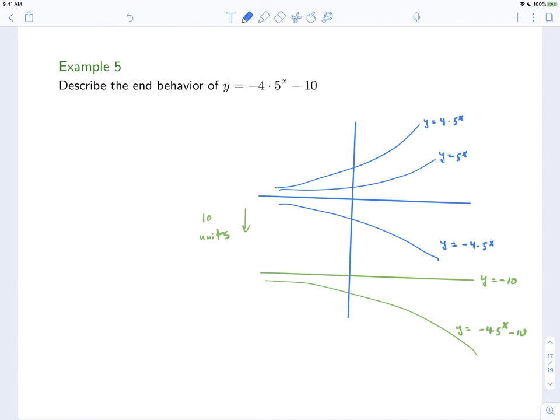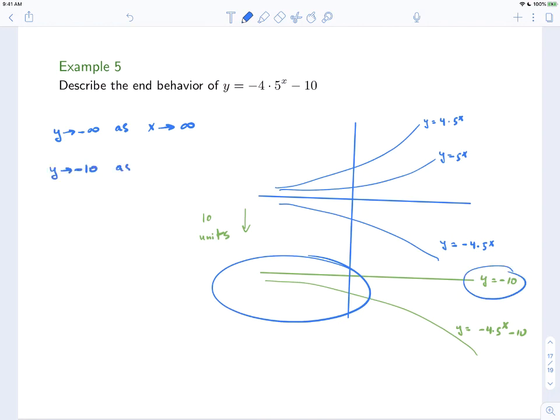So y is going to go to negative infinity as x goes to infinity. And as x goes to negative infinity, you're going to be over here, and you're going to go to the horizontal asymptote, which is y equals negative 10. So y is going to go to negative 10 as x goes to negative infinity. And that's the end behavior.